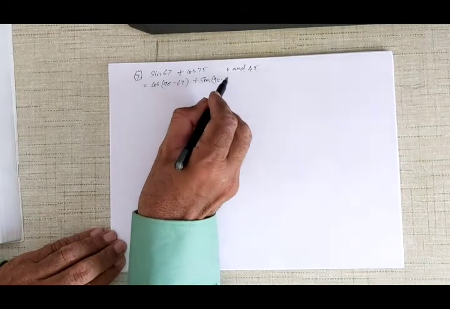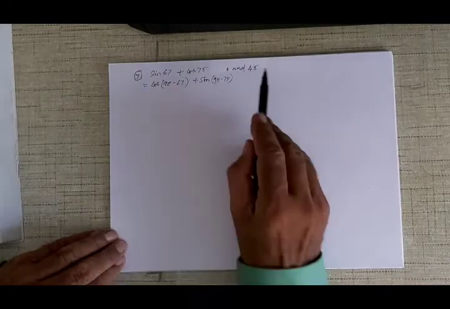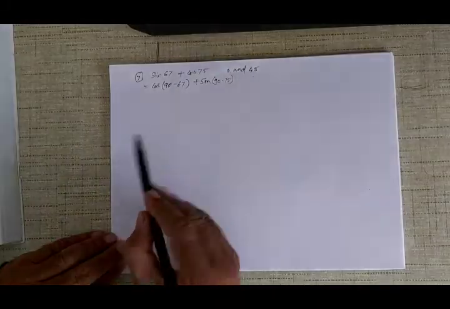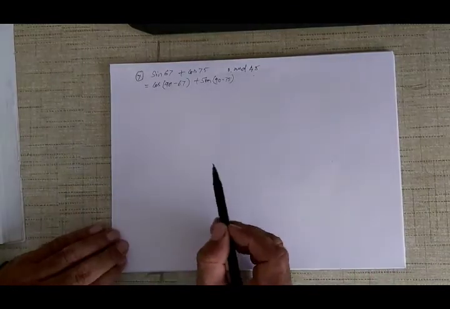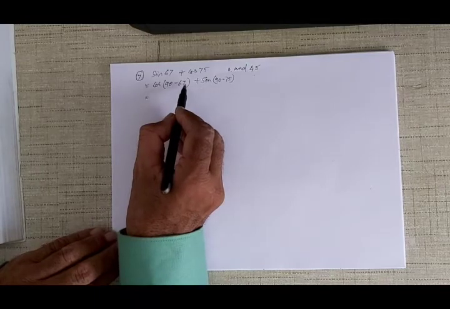(90 minus 75). Now you might be wondering, why did I change both? Because we want to change between 0 and 45, therefore I changed both; otherwise there was no need to change both. Look, now 90 minus 67 will be 23.